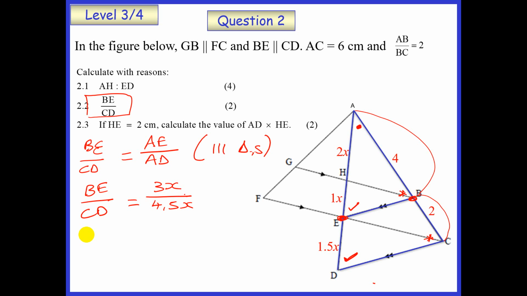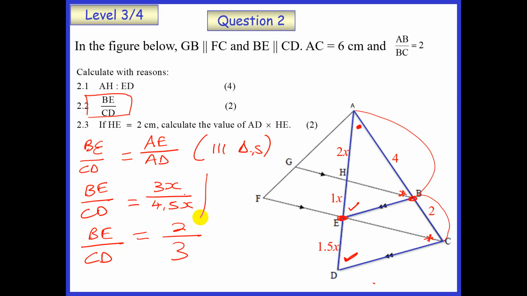But very simply, because we have the calculator with us, 3 divided by 4.5 will give you a simplified ratio of 2 over 3. And that's how we'd be able to get BE over CD.